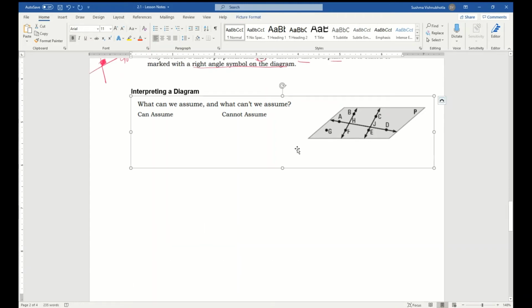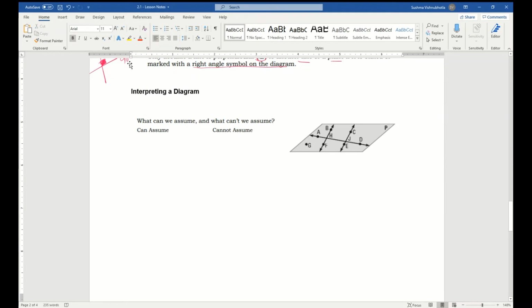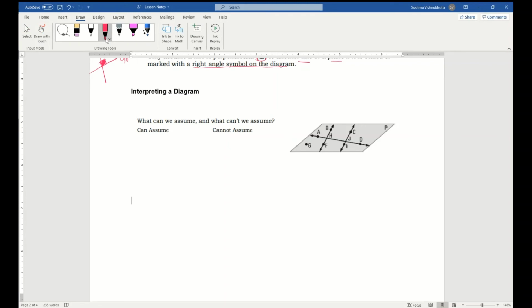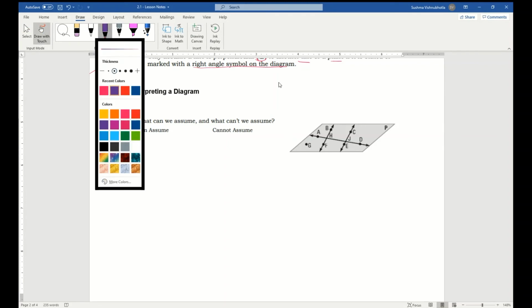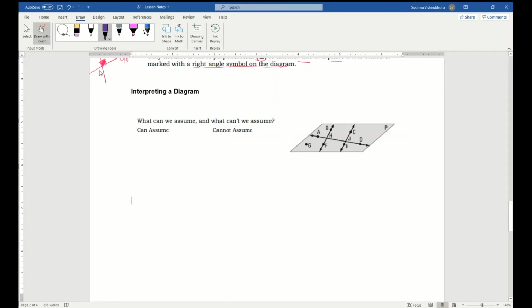So in this diagram here, what can I assume? And I'll never ask you to do this, but we'll do this more so in class when we're trying to write a proof, but I think the cannot assume is important to understand.